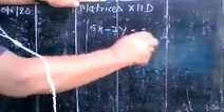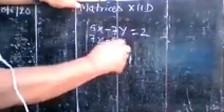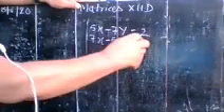Right, using matrices, write the next question. Using matrices, solve the equations 5x minus 7y is equal to 2, 7x minus 5y is equal to 3.